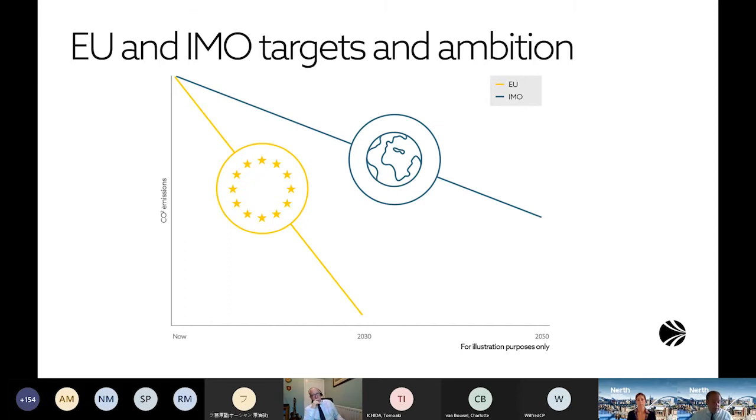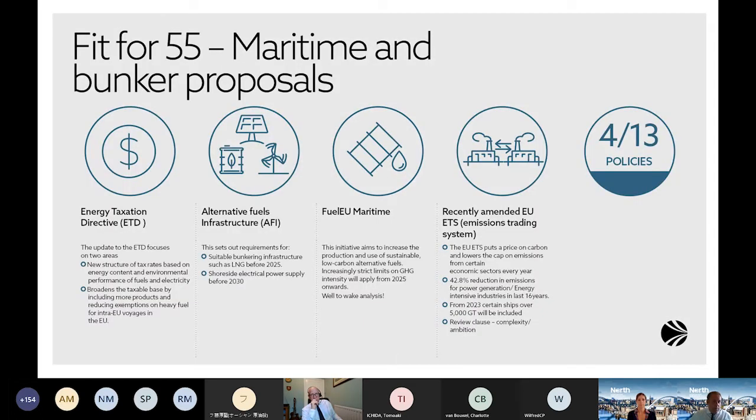As we suggested earlier, some in the industry are stating that the IMO targets aren't that ambitious. From a personal point of view, it would probably be good to see somewhere in between for both. It would make it a lot easier, but that's not what we're going to get here. We're going to have a different trajectory with the EU targets and different methods of doing so. So let's look at the recent methods that have been brought to the forefront here.